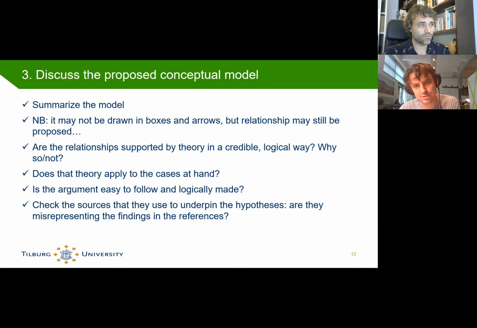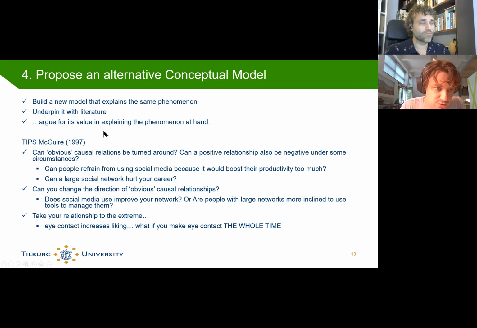And then again, after you criticize it, we want you to come up with an alternative. Just like for the research question, we want you to come up with an alternative to the conceptual model. That means you might add new variables and take out others. That is fine. It may also mean that you flip them around a little bit.